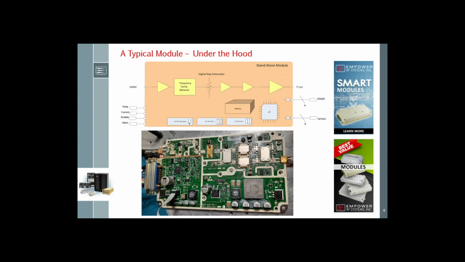In fact, if you look at this picture and this block diagram, there are no variable components on our Empower modules. And furthermore, you have to consider that we have a smart unit and you have the capability of connecting to it using an RS-485 interface.